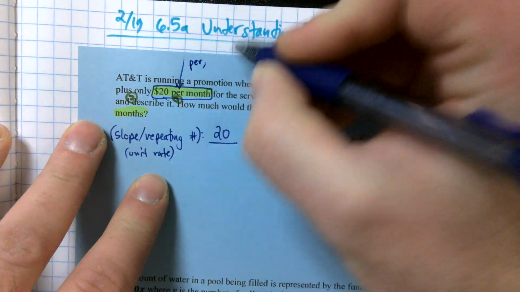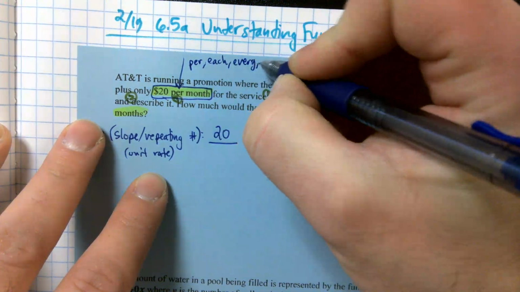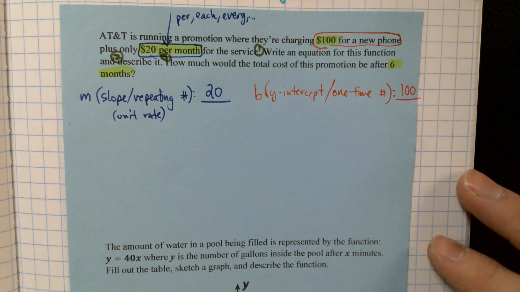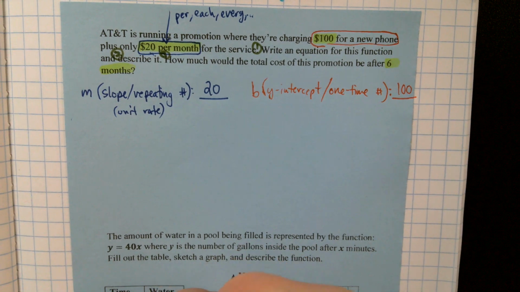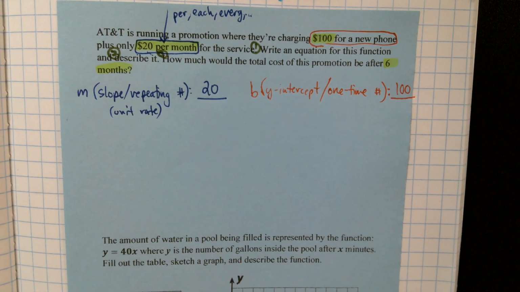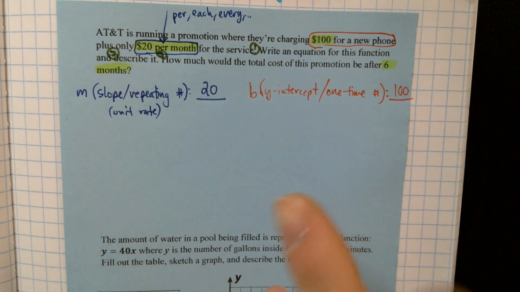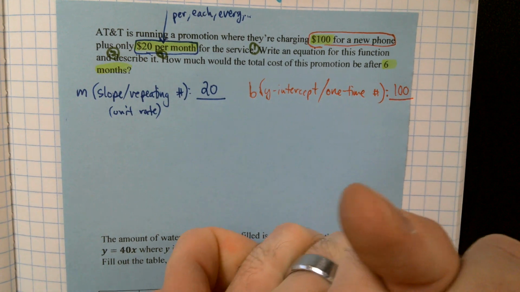So when we see the word per, when we see each, when we see every, so on and so on, that's my repeating number, right? Every month, each month, per month, all the same thing. So I have an M, I have a B. What's the first thing I need to do now that I have that information all organized?